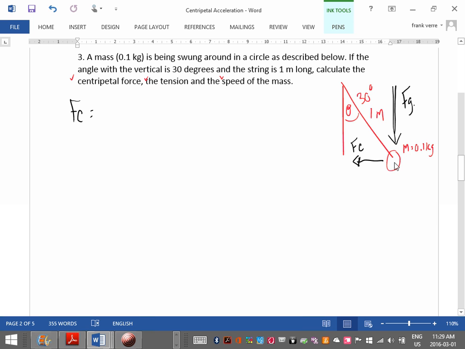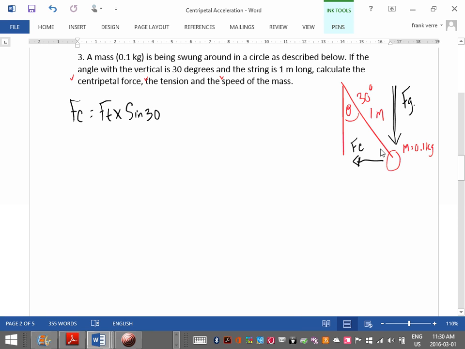So what component of my tension would it be? It's the opposite side, so that would have to equal my centripetal force. It's got to be the opposite component of my tension.